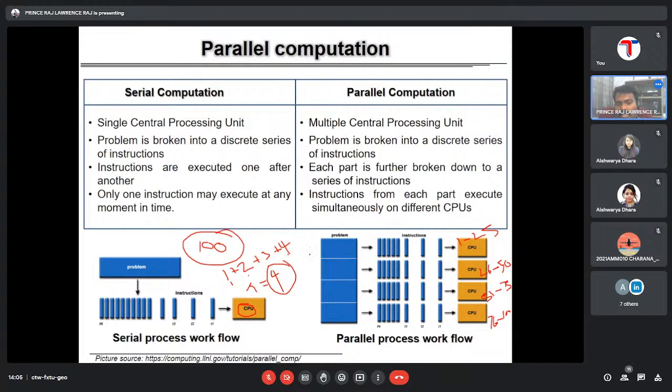All of them start at the first second itself, and once the calculations finish, each takes only 1 second. So in 1 second, all the calculations are done. Is this what you wanted to hear, or anything more?